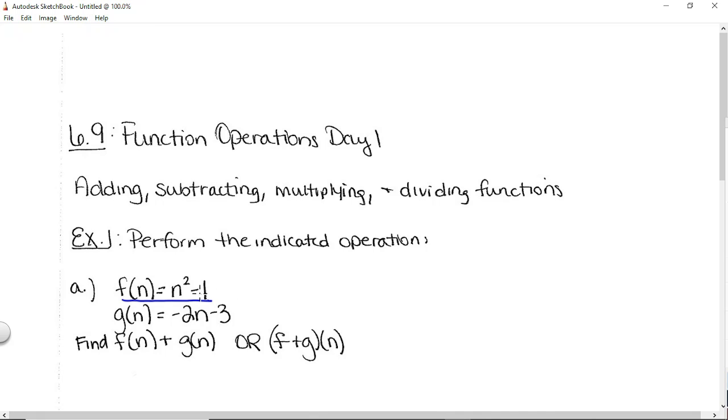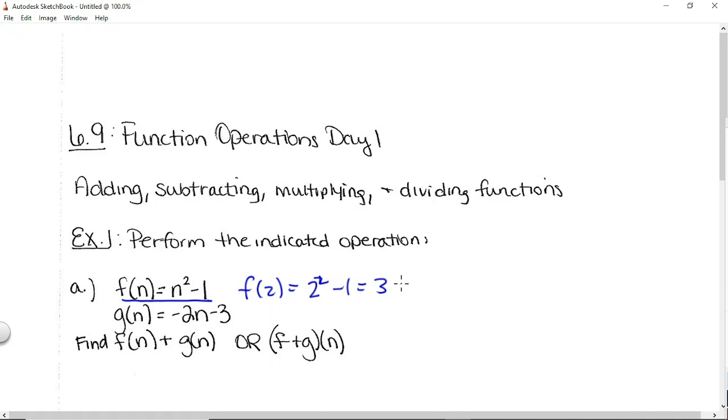So let's just look at one example. If we put in 2 for n, what would f of 2 be? Well, you put in the number 2 for n, and you get 2 squared minus 1 equals 3.